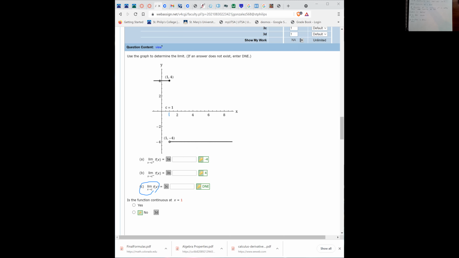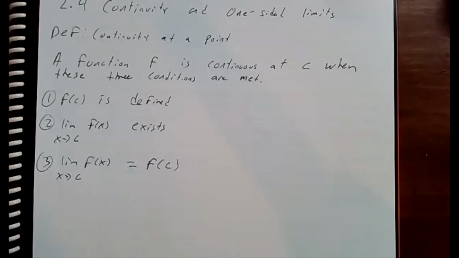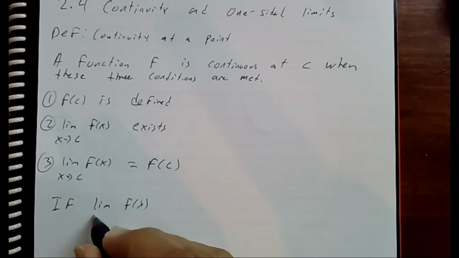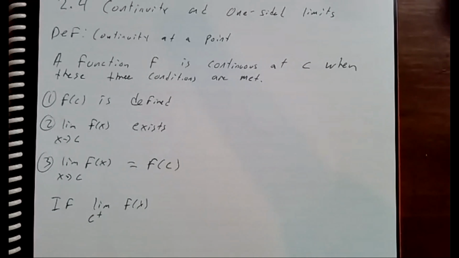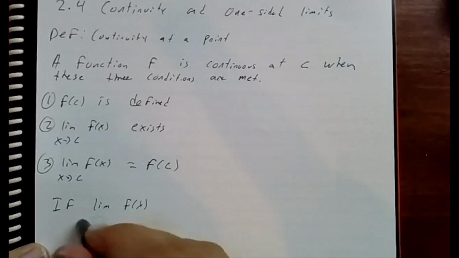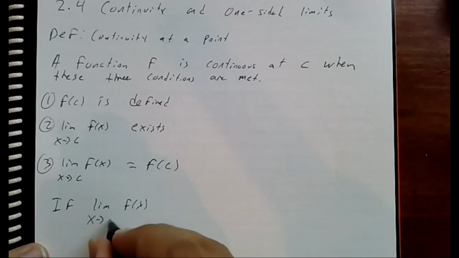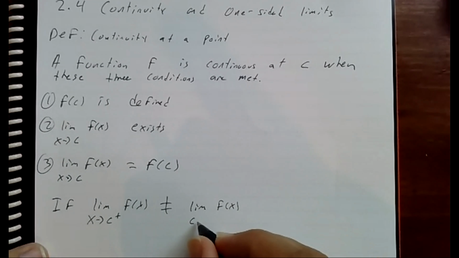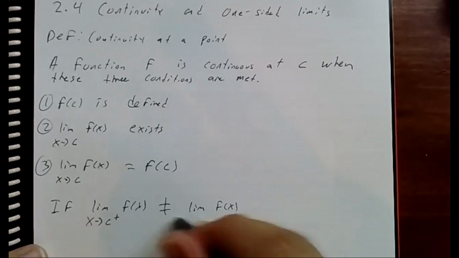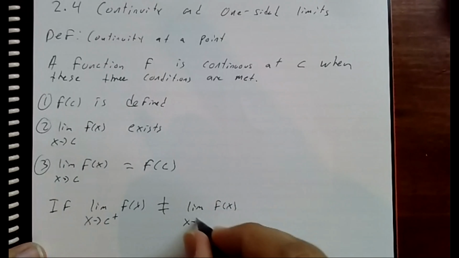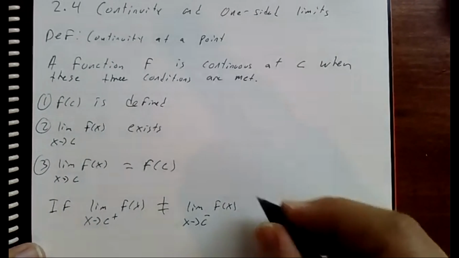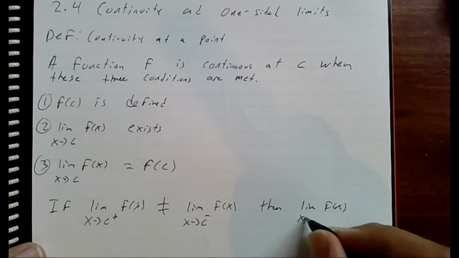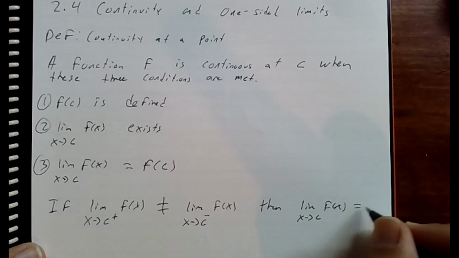Okay, so I'll make another note here. If the limit of some function, let me write, I forgot the x part, as x approaches C from the left is not equal to the limit of f of x as x approaches C from the right, sorry, then the limit of f as x approaches C does not exist.